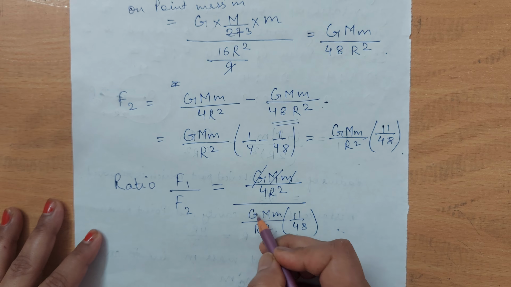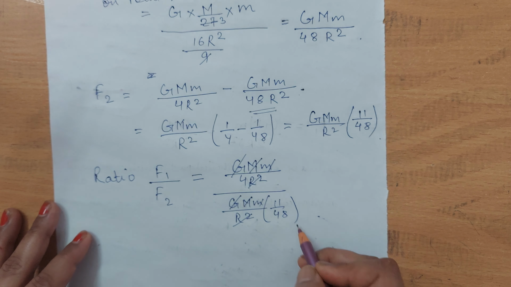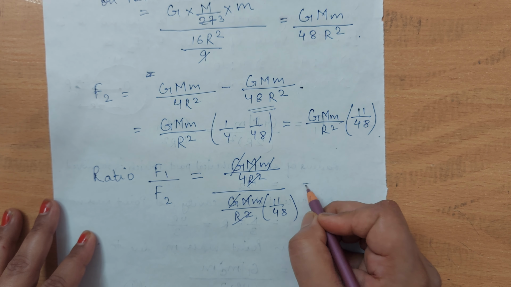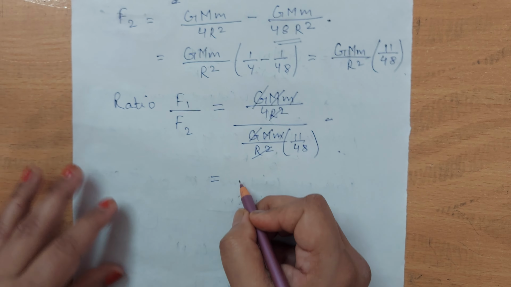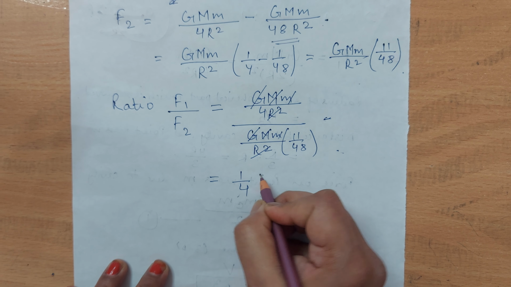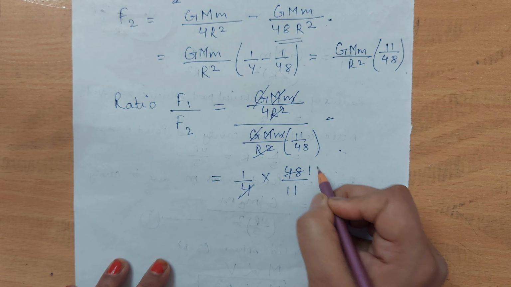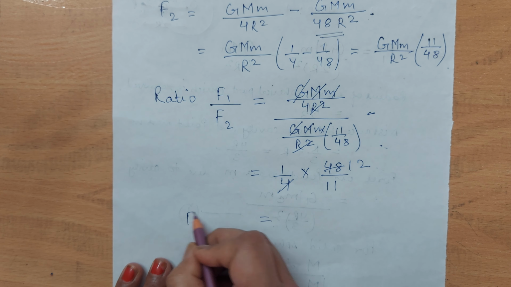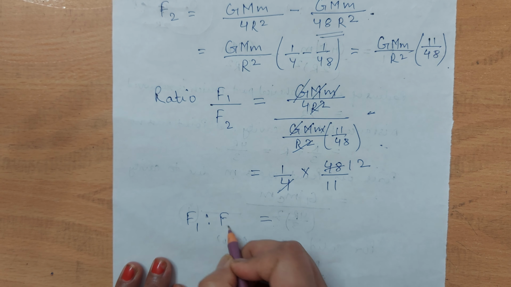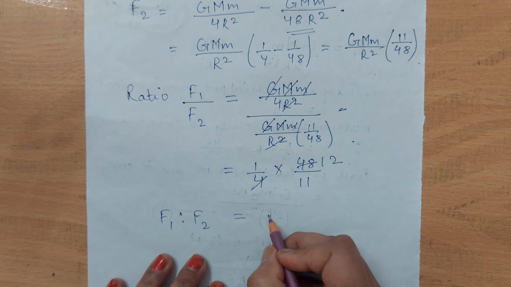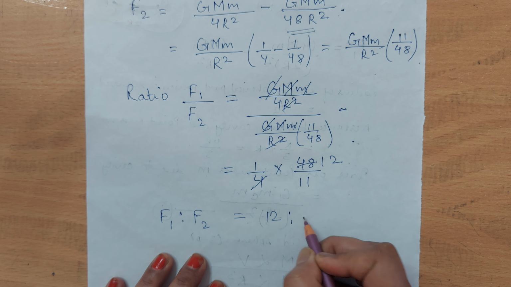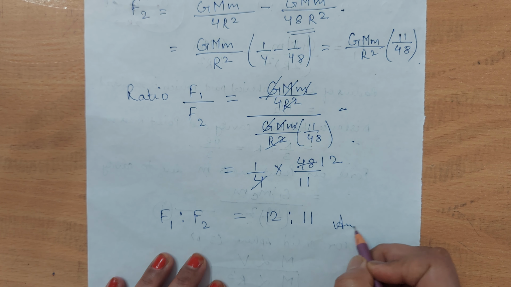So all these will get cut. Finally we have 1 by 4 multiplied by 48 by 11. This will get cut. Finally, the ratio F1 is to F2 is equal to 12 is to 11. So this is the answer.